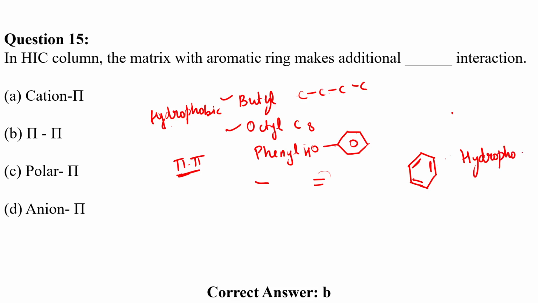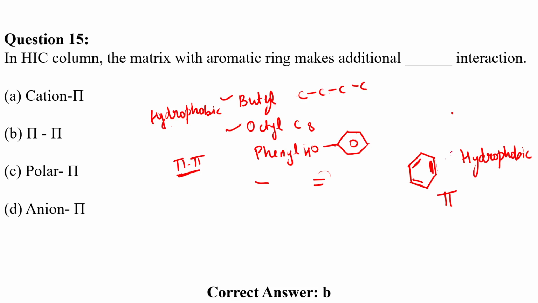Hydrophobic interaction will be there because benzene is also hydrophobic and my molecule is also hydrophobic. Additionally, since there is a double bond here, this double bond will have, so double bonds are called pi bonds. Okay, double bonds are called pi bonds. So this double bond will have a pi interaction with the molecule.